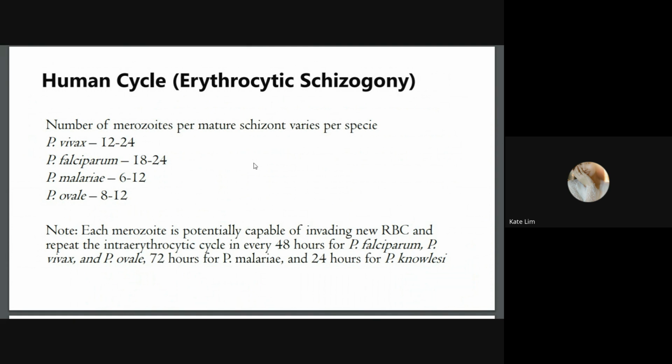So that is your intraerythrocytic life cycle. This is the moment when the merozoites are released from the ruptured schizont, going back to your life cycle, and the cycle repeats itself.